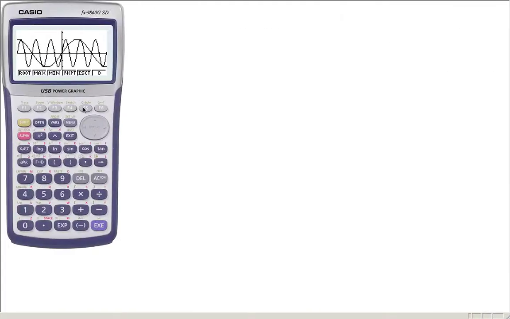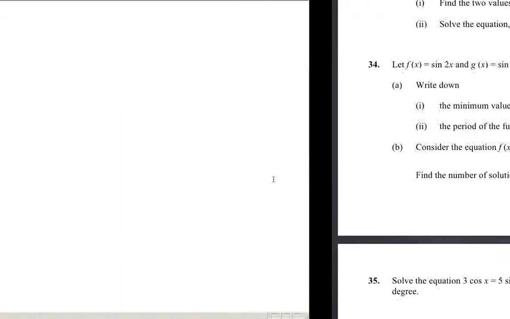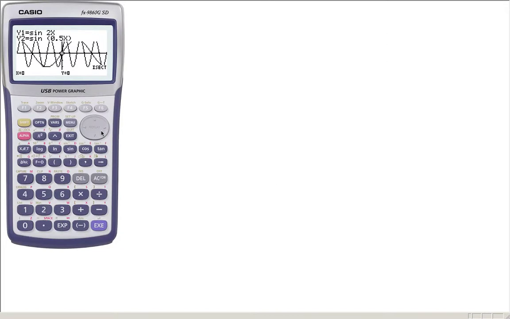So G solve, intersect. This is not the solution, not this, not this. Now here 0 is included, so that is one solution. So one solution is 0. The other one is 1.26.